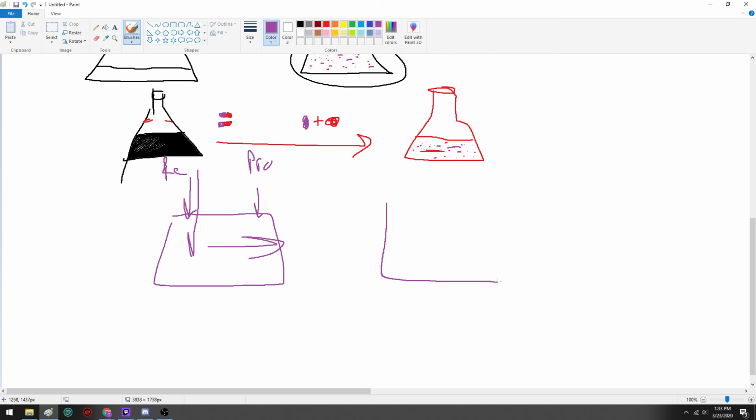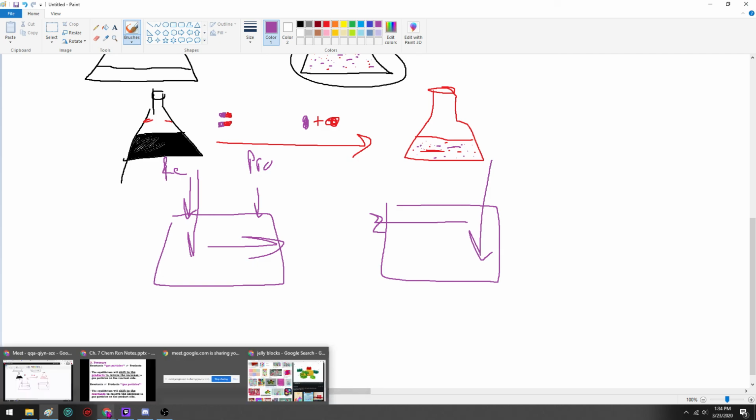If we press on the product side, it wants to shift over to the reactant side, right? Right. The same thing happens with the chemicals. If you put more pressure on the reactant side, it forces it to go over to the product side. And if you put more pressure on the product side, it wants to go back over to the reactants. That's all it's saying there.